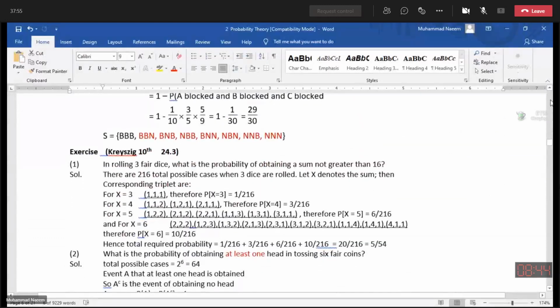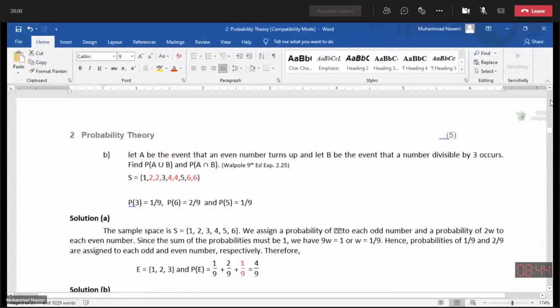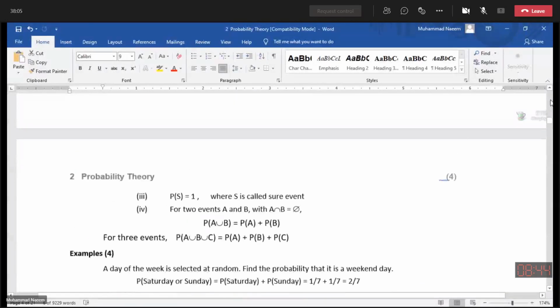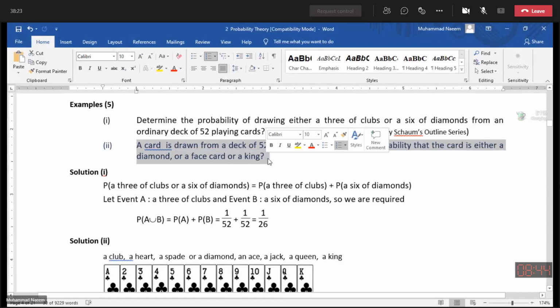Okay, we will discuss this addition law for mutually exclusive events, when we have the situation when the events have nothing in common between them. Now look at the example of addition law with three events when they have something in common.